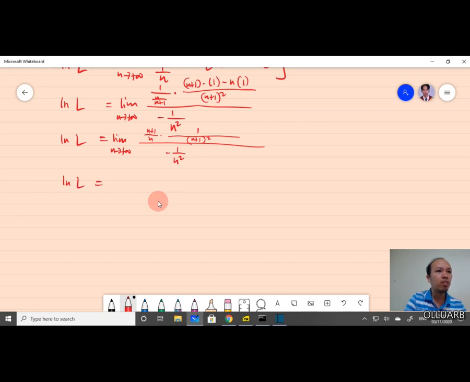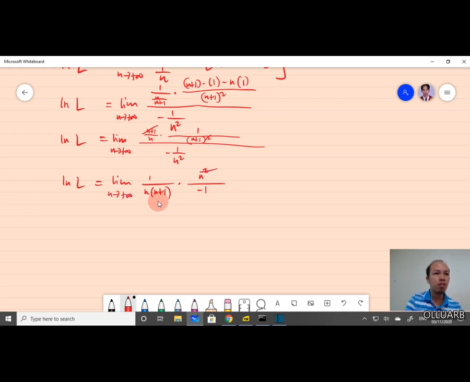Ln of L is the limit of, so we can cancel out n plus 1 here, and then reciprocal, we have 1 over n times (n plus 1) times negative, sorry, this is n squared over negative 1 as n approaches positive infinity.